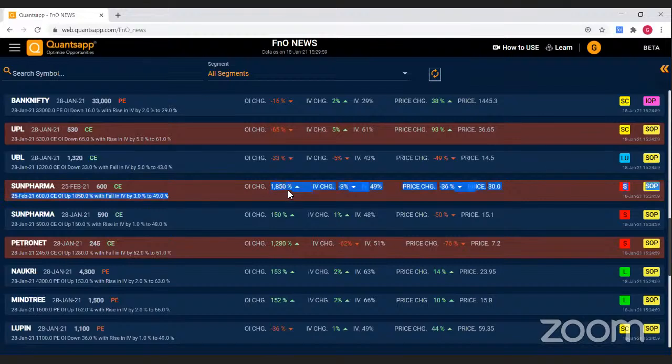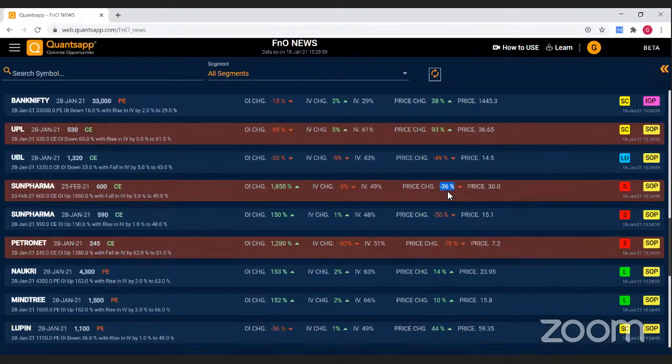The amount of confidence market participants are showing, they are building the short position here. They are more confident that prices won't go up, but this is just OI data, and the market can change anytime.